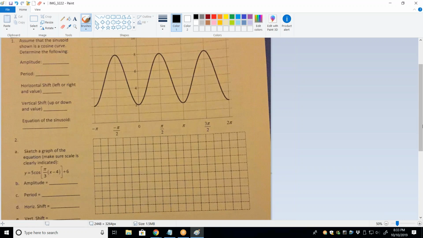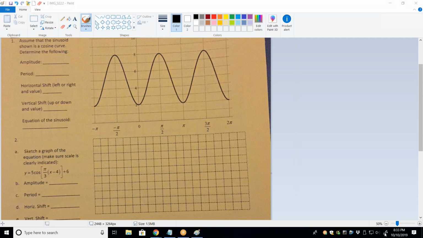Okay, assume that that is a cosine curve. Determine the following. Amplitude. First of all, there's a very, very simple formula for amplitude. Okay, let me give it to you.